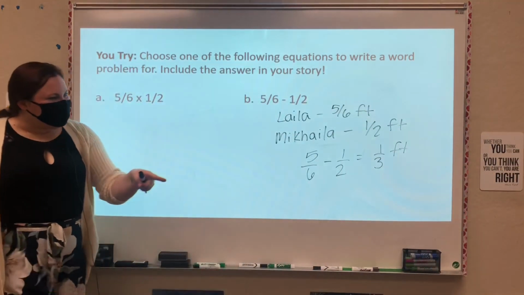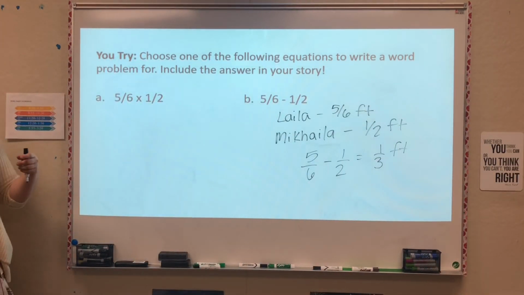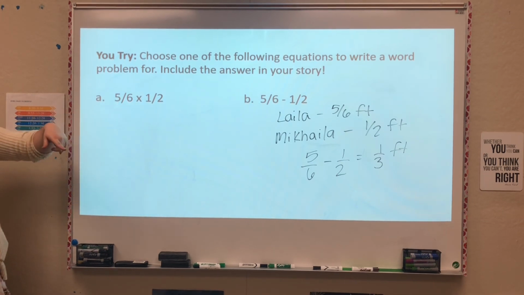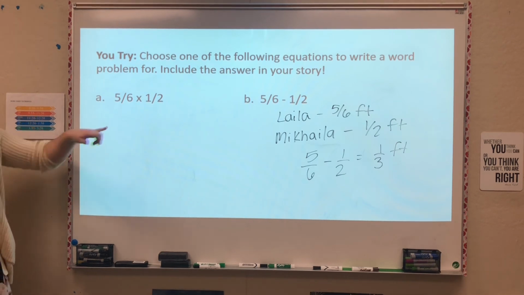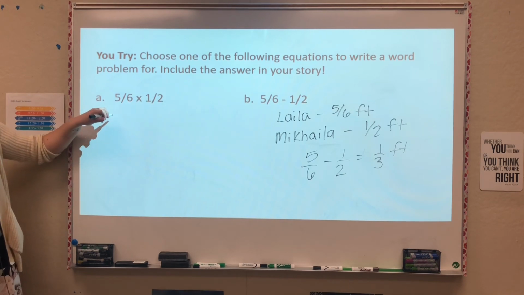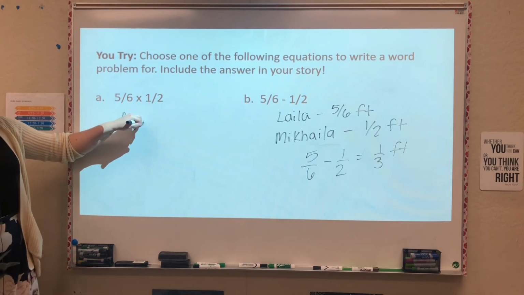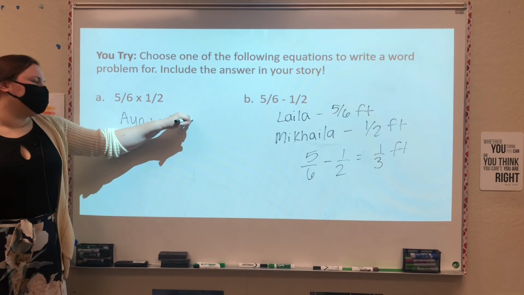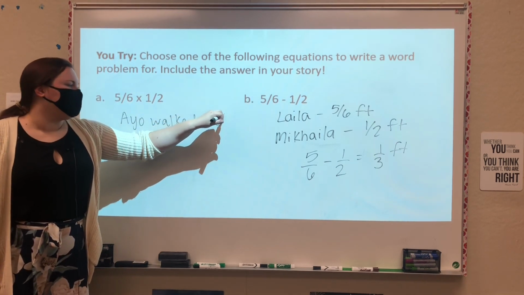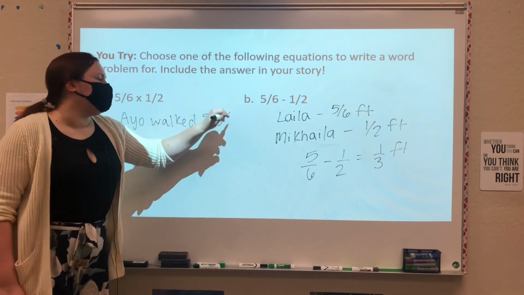Both of you wrote real similar stories about walking a distance. So you've got someone walking 5/6 of, I think it was a kilometer or a mile. We could change that just a little bit to be a multiplication problem. If we've got, I'm going to use you, if we've got Io walked 5/6, what did you use? Miles.